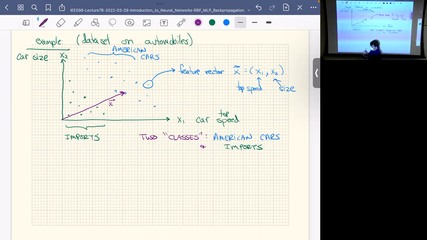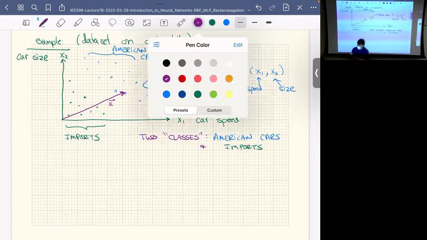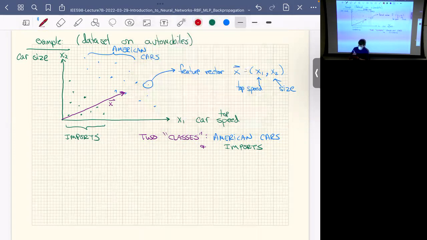So if I were to put a weight vector, I'll use a different color here, like let's say this is my weight vector, then the dot product between these two is kind of related to the angle between these two, but you can think of it as projecting one of these onto the other.